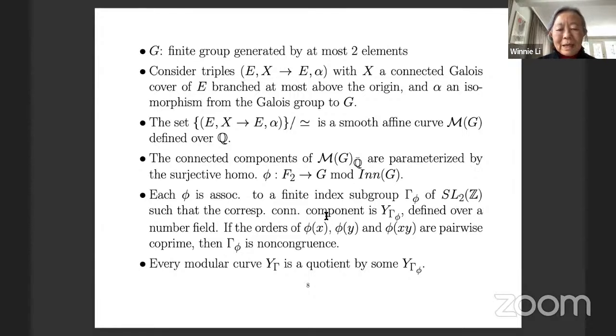Okay. And moreover, if we look at the orders of phi at the generator X, phi at the generator Y, and phi at the product XY, if the three orders are pairwise coprime, then he showed that gamma_phi is a non-congruence subgroup.